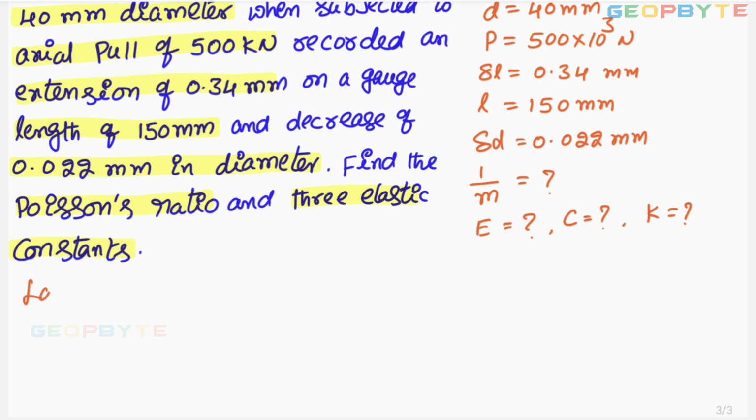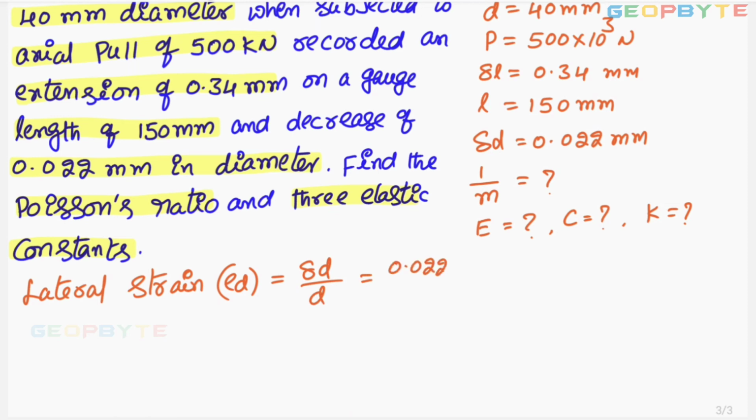For that, lateral strain ED equal to change in diameter by original diameter, 0.022 divided by 40. Simplify this value, it is around 5.5 into 10 raised minus 4.